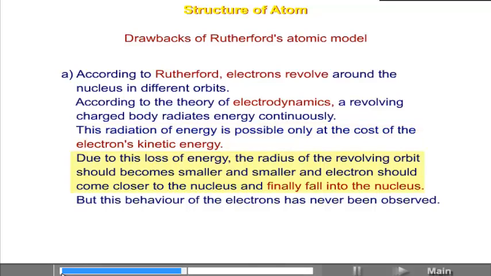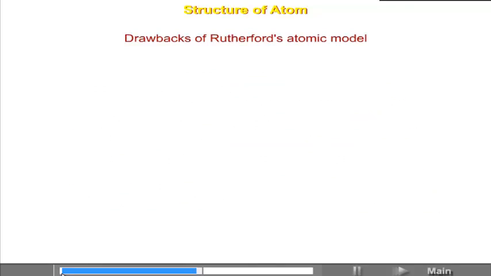Due to this loss of energy, the radius of the revolving orbit should become smaller and smaller, and the electron should come closer to the nucleus and finally fall into the nucleus. But this behavior of the electrons has never been observed.